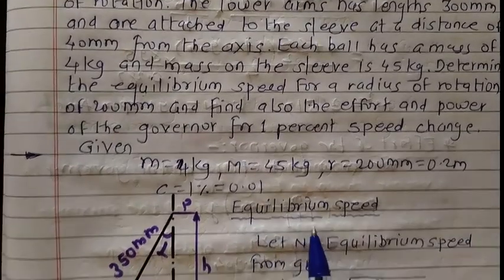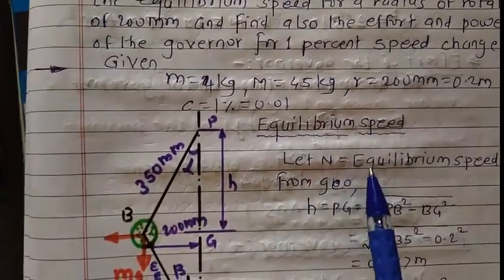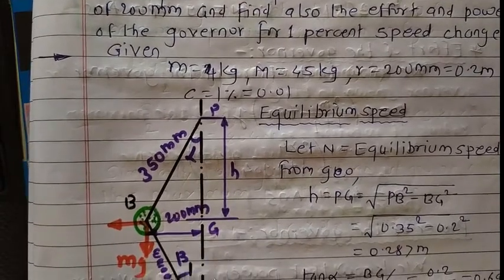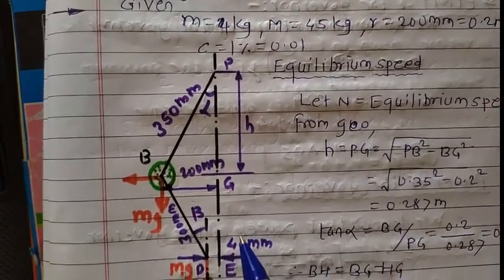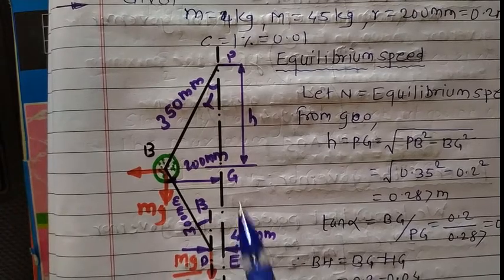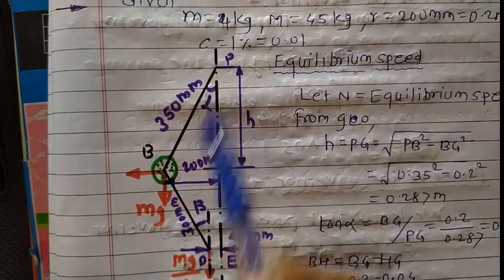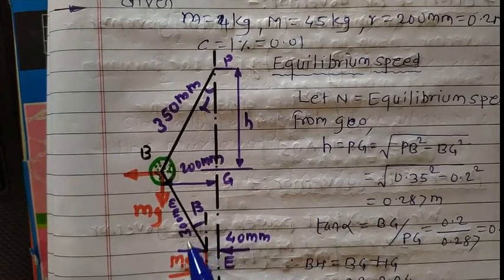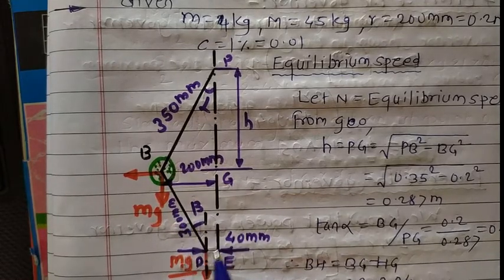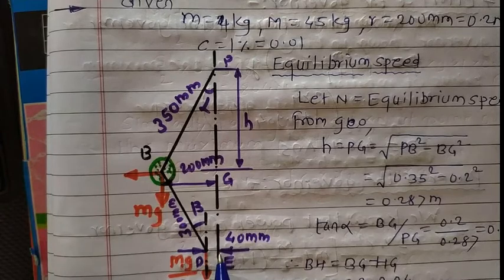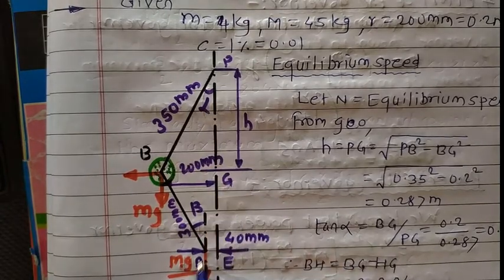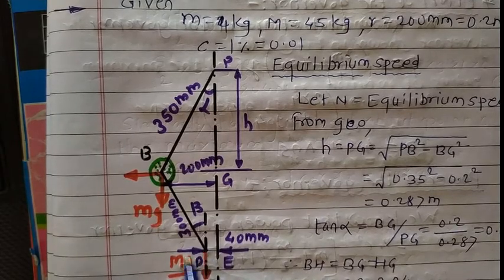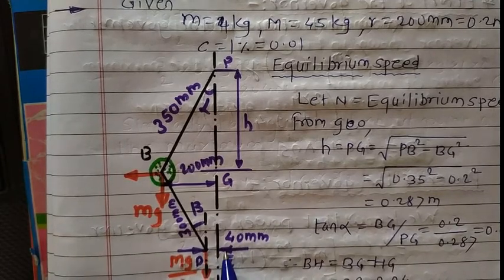So first of all, according to the information given, try to develop the diagram, like this one. The length of the upper arm is 350 mm, and of the lower arm 300 mm. If you look at this, the distance between the middle axis and the connection of this lower arm is 40 mm.